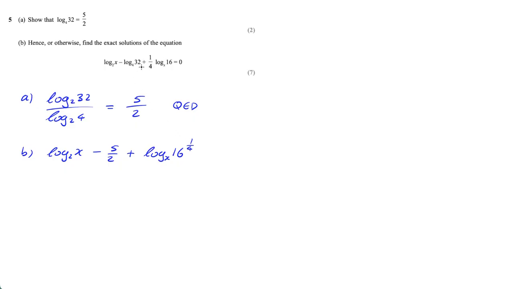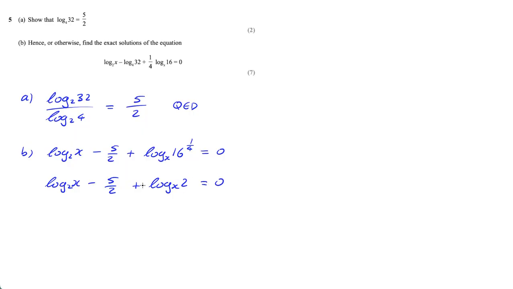This is my log power rule. I can bring this quarter up here as a power. Okay, then let me just tidy up this thing over here, so that's minus 5 over 2, plus, now 16 to the power of a quarter, guys, is 2. It's the 4th root of 16. So this is actually log 2 base x equals 0.